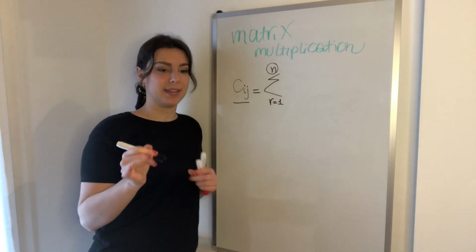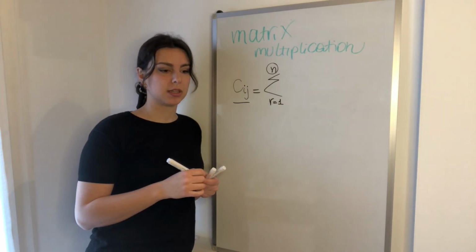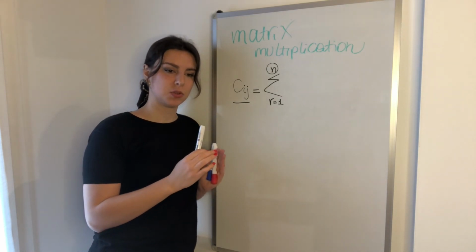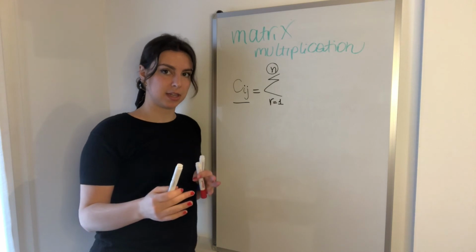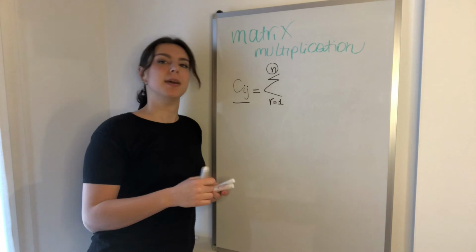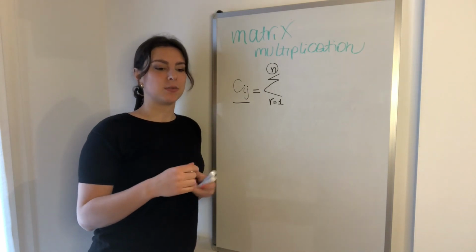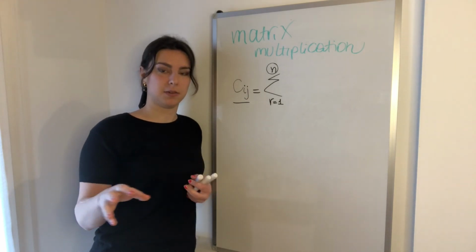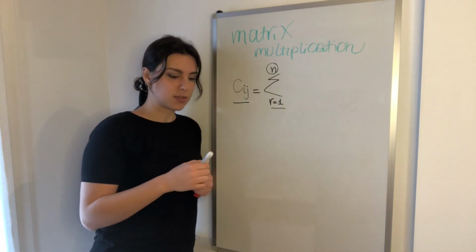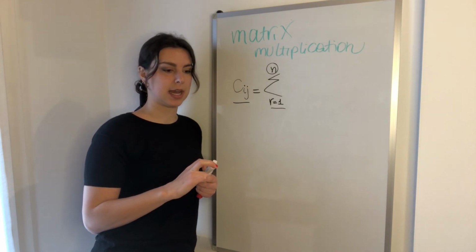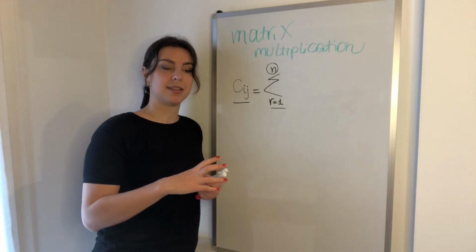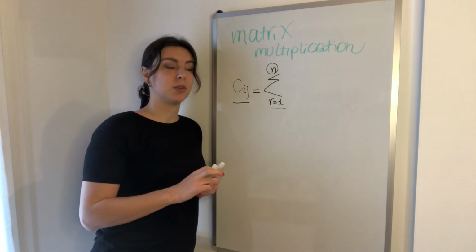I know that it's quite difficult to relate these formulas to what we see when we are actually writing a matrix. But in this case, it's really important to just think about the formula. So we know that matrices start from a number of rows and columns that is equal or greater than 1.